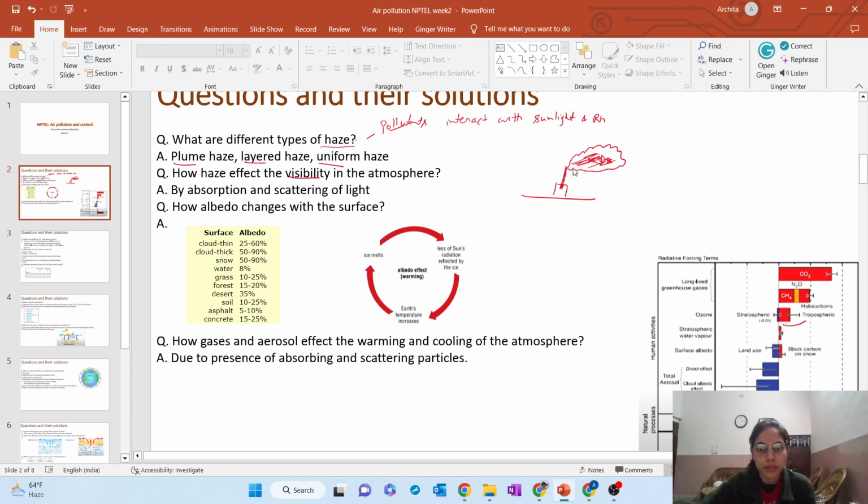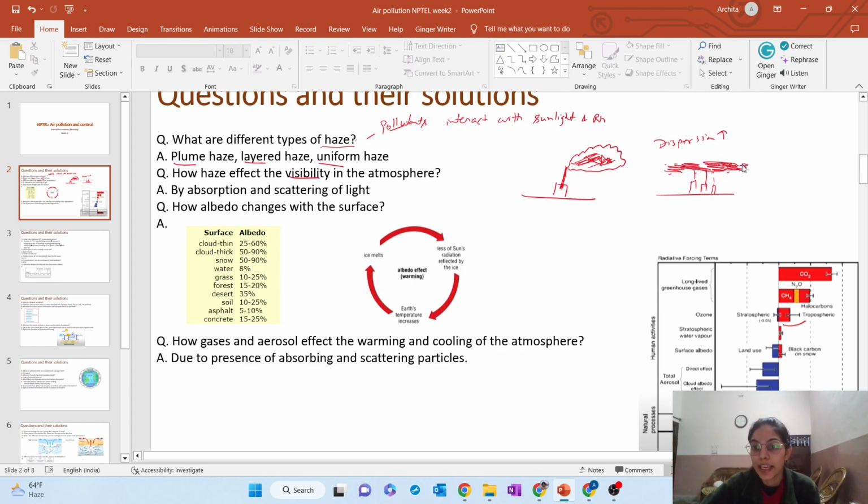But sometimes, let's say the number of industries is more, or the dispersion is high, then what happens is that the plumes from these industries are generally in the form of a uniform layer.